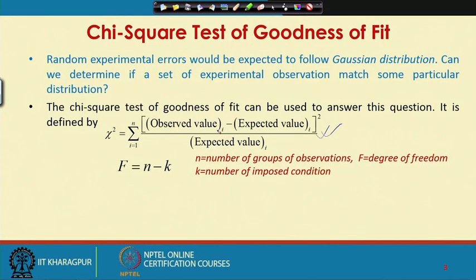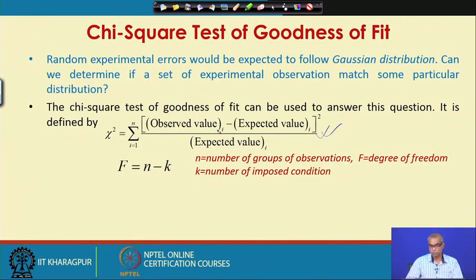Now, you find this quantity: observed value minus expected value, whole square, divided by expected value. You pick up one observation, find the difference between observed value and expected value, square it, and divide that by the expected value. Sum such terms for all observations. That is defined as chi-square.